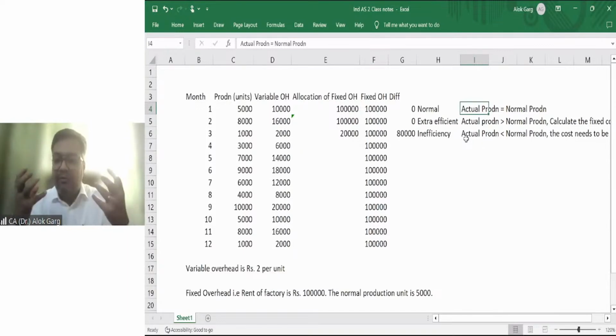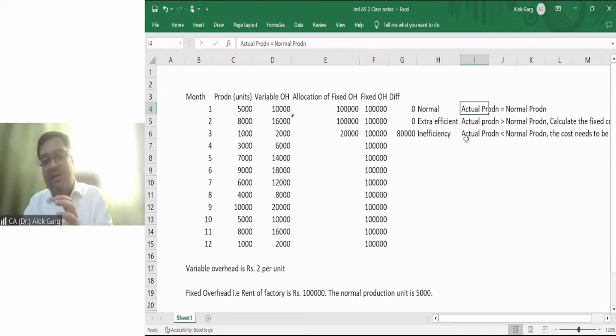Your per unit fixed cost is on the basis of normal production. If your actual production is less than your normal production, it means there is an inefficiency. The company is not able to produce what it is expected to. In that case, the per unit cost needs to be calculated on the basis of normal production. So the normal production gives 20 rupees per unit cost, but we produced only 1000 units, so 20 multiplied by 1000 comes out at 20,000. So the next 80,000 will go to the P&L. Why? Because there is an abnormal loss, there is inefficiency, so it has to go to the P&L, right?